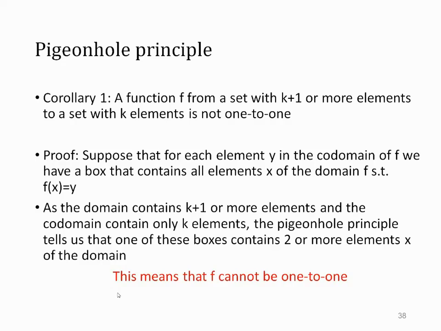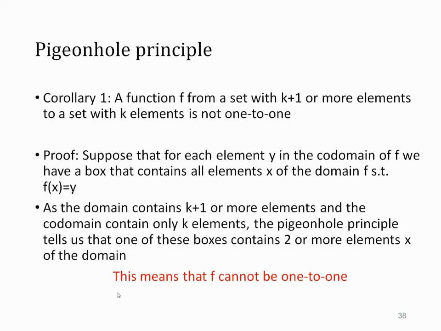Suppose that for each element y in the codomain of f, we have a box that contains all elements x of the domain of f such that f of x is equal to y.